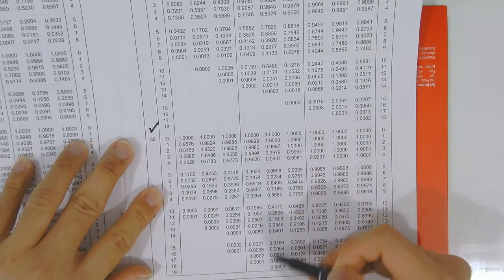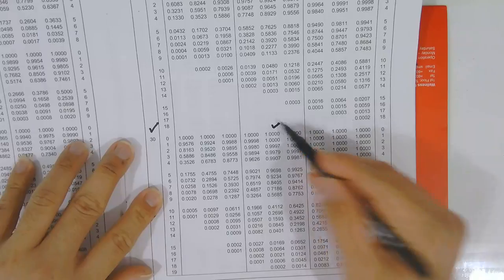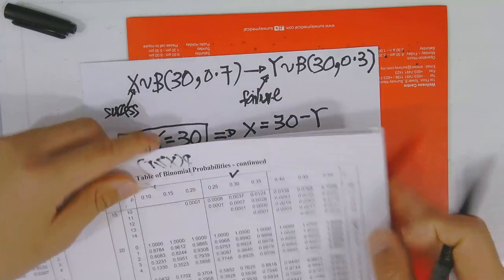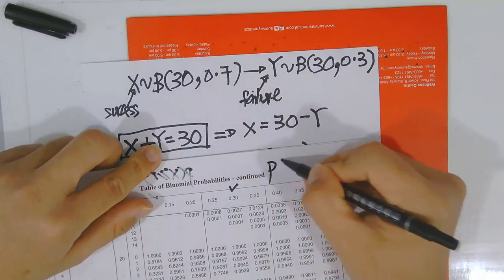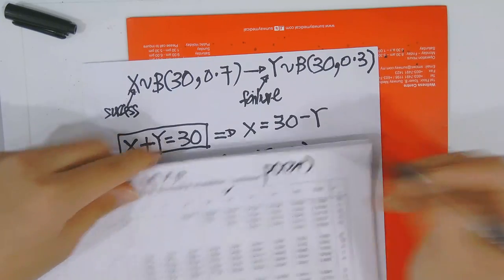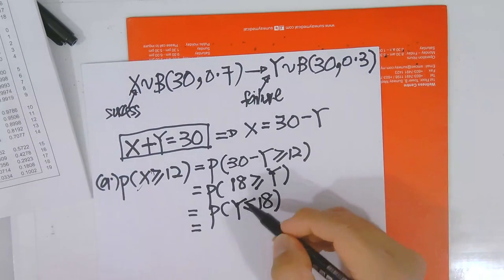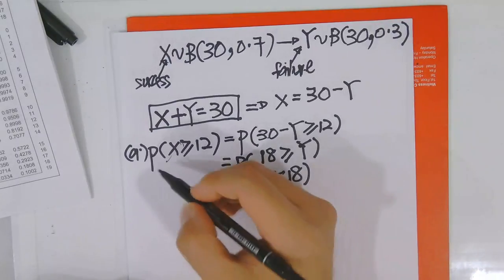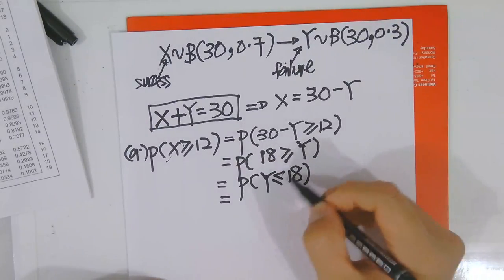So I tick here. Because our statistical table for this distribution will follow the format P(X at least r), right? This format here. As this is y less or equal 18, I have to convert it to something in the form of greater or equal.